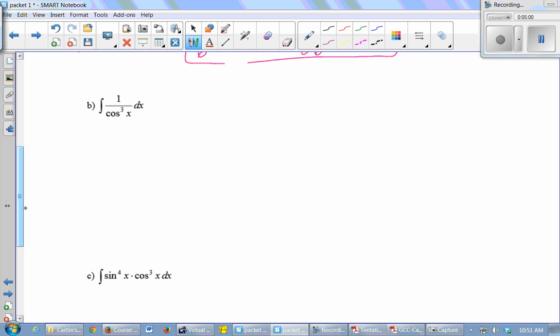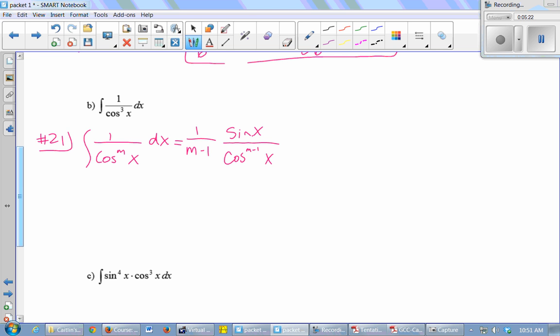So I'm just going to write the formula down. It says that the integral of 1 over cosine of x to the m dx is 1 over m minus 1 times sine x over cosine to the m minus 1 of x, plus m minus 2 over m minus 1 times the integral of 1 over cosine to the m minus 2 x dx.